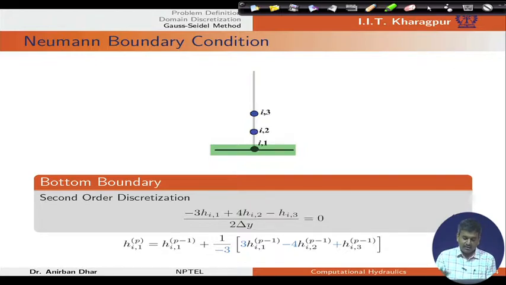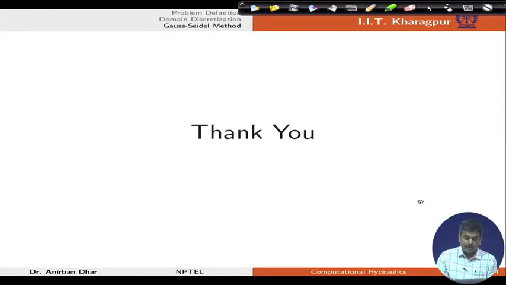Please use the code that I will upload on the NPTEL website. You can use this 3-point system and verify whether this discretization is still valid for your problem or not. Thank you.